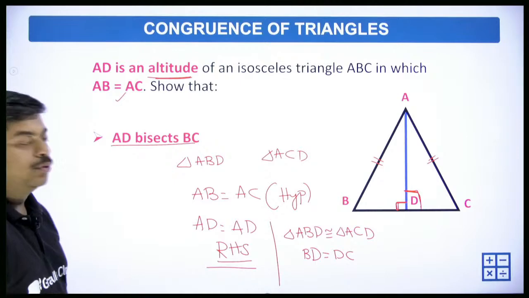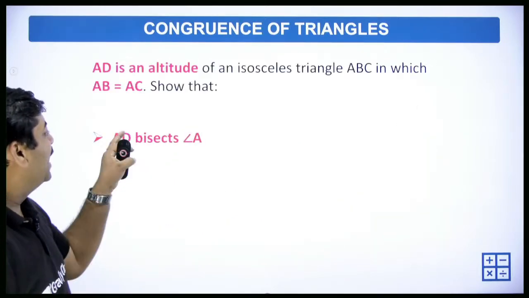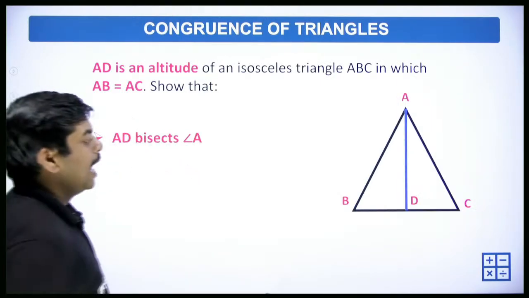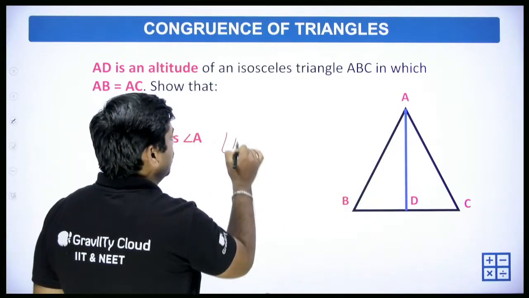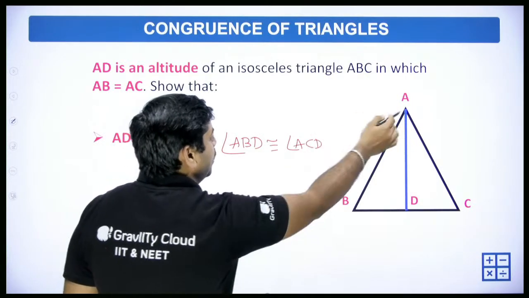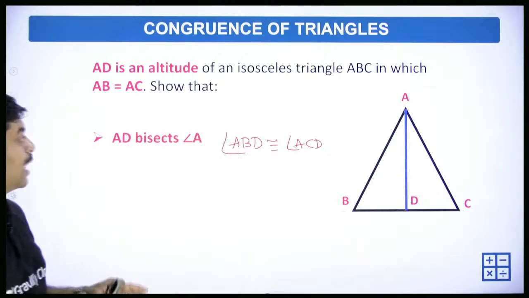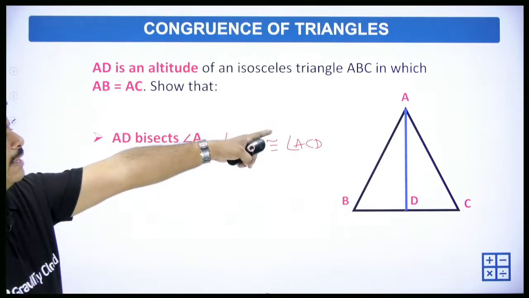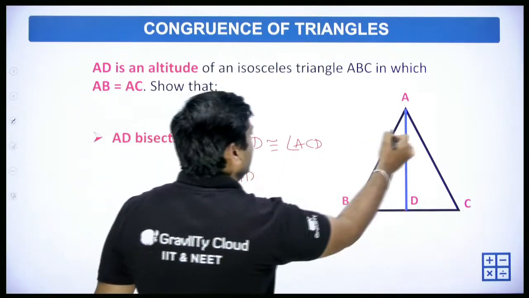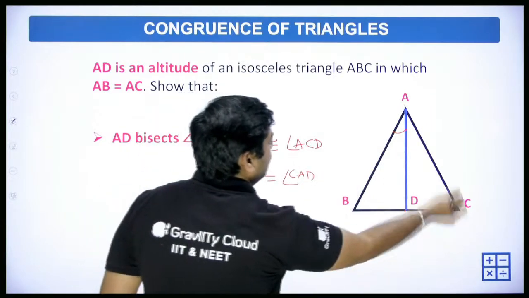Now let's move towards the next part: AD bisects angle A. I told you triangle ABD is congruent to triangle ACD. When these two triangles are congruent, the corresponding angles, angle BAD, is equal to angle CAD.